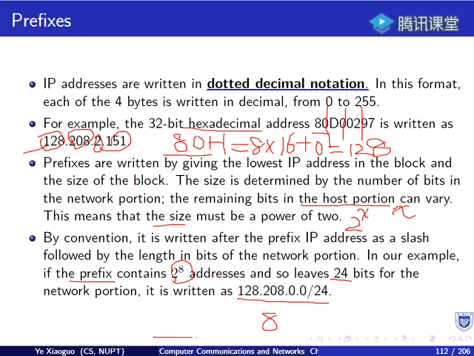So the length of the network portion must be 24, because 24 plus 8 equals 32, 4 bytes. That is the length of IPv4.